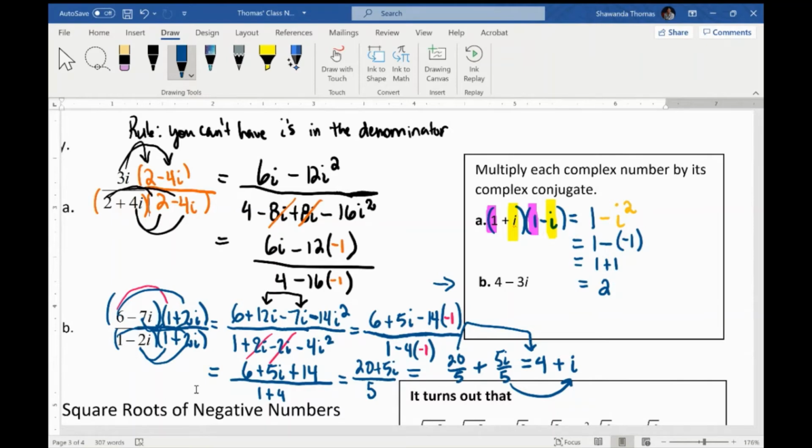So I'm going to erase this. I want you to multiply 4 minus 3i times 4 plus 3i, and when you're done, direct message me the answer.